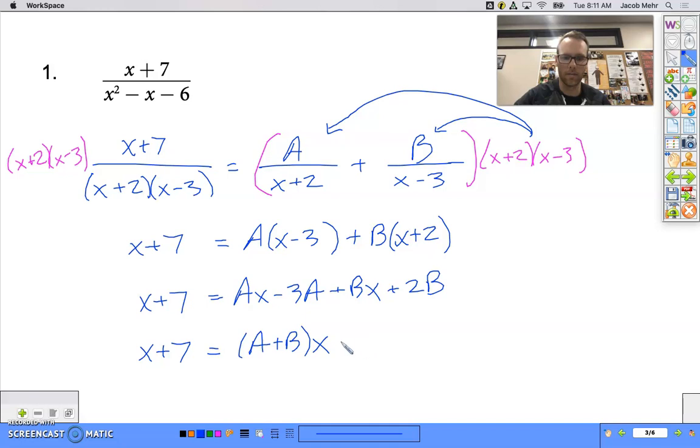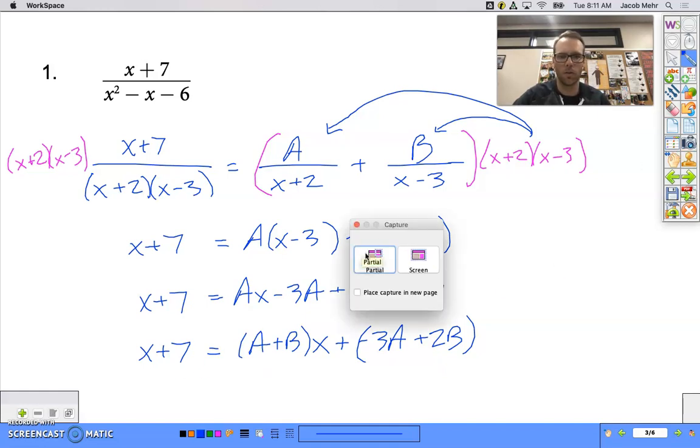Then we have, I'm going to write this as plus negative 3A plus 2B. That's our constant term. There are no x's. There aren't any variables in there. So we're going to group those together. Now, how is that helpful here? Well, compare the right side to the left side.